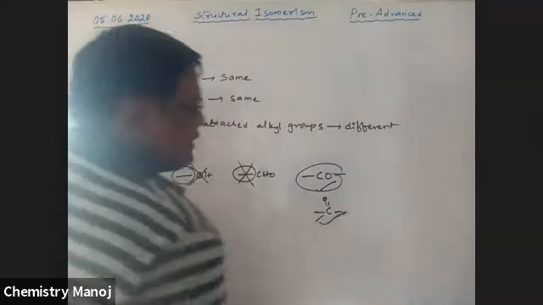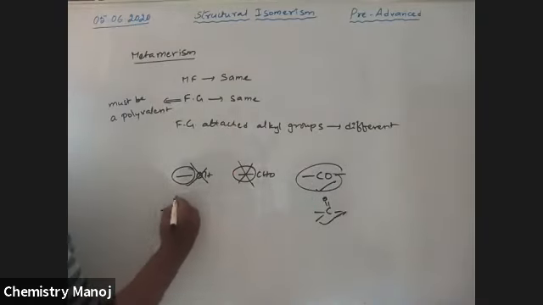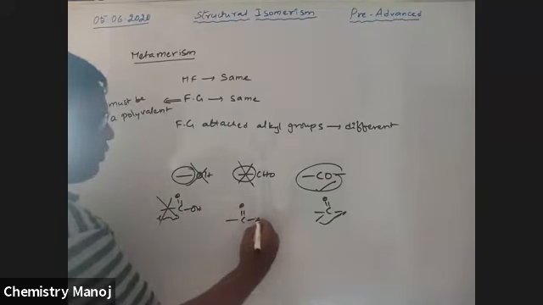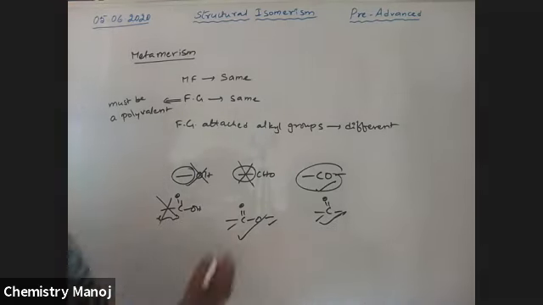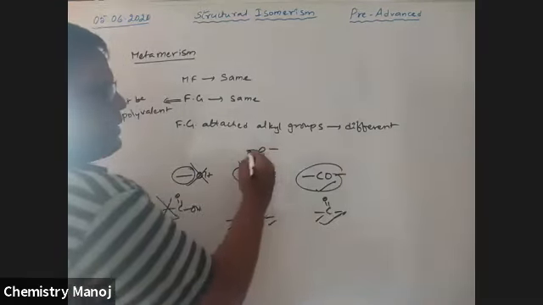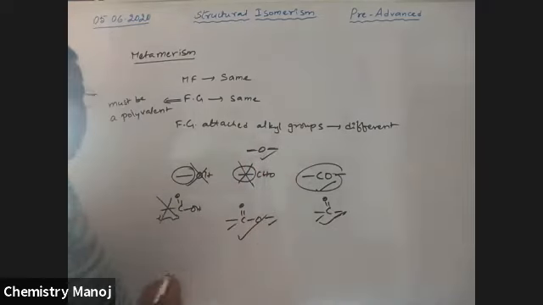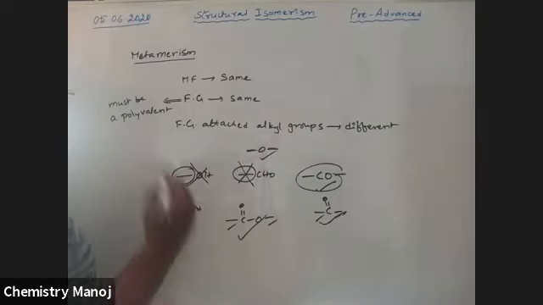Next, acid, COOH, has only one free valency, so it does not exist. Ester, COO, has a free valency on each side, so it exists. Ether, the O functional group, has a free valency on each side, so it exists. Alcohol does not exist.